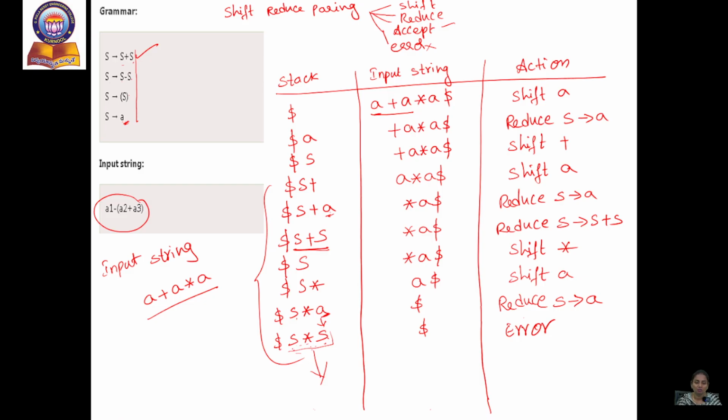For this grammar, we should say clearly that the given input string A plus A into A is an error. It has an error with respect to the given grammar. So this is the situation or condition where you can find out accept or error by using shift reduce parsing. Thank you.